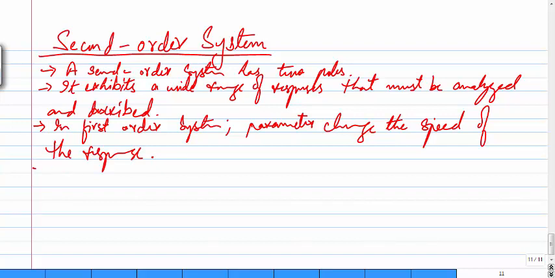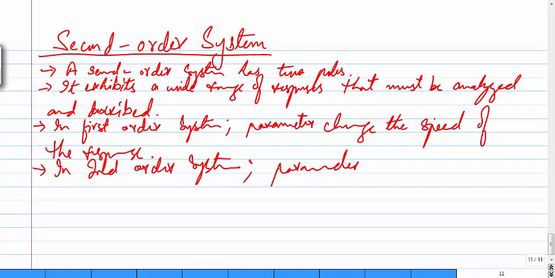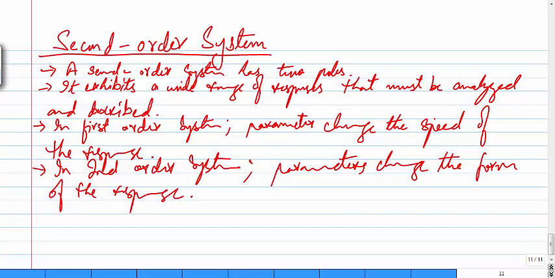In second order, parameters change the form of the response. So if you remember, in first order system we discussed the time constant, rise time and steady state time. If you increase or decrease the value of a, or pole, it will change. But in second order system this is not the case. We will discuss it in very detail today.